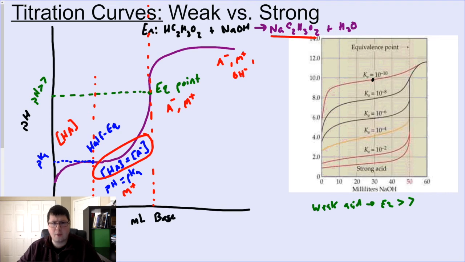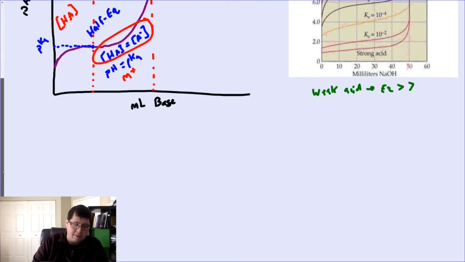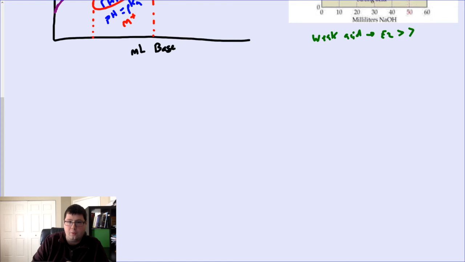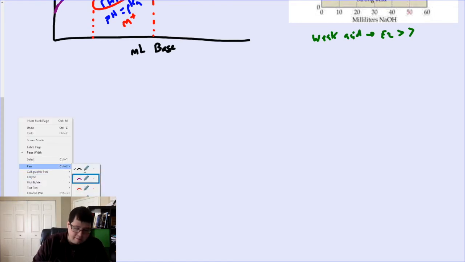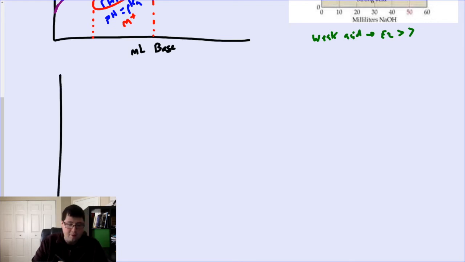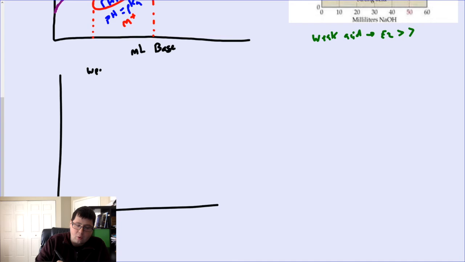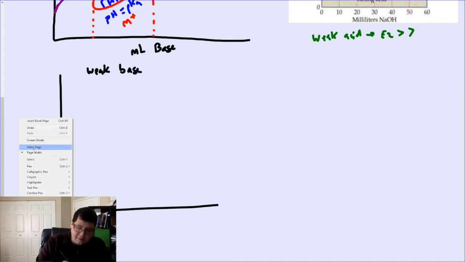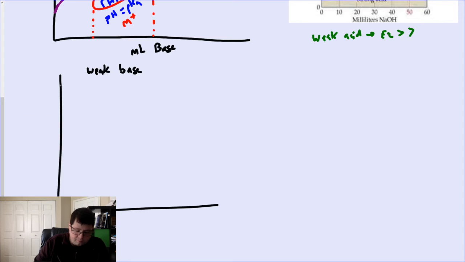The other types of curves we want to look at are what happens if we would have a weak base titrated with a strong acid rather than a weak acid titrated with a strong base. The major differences here are going to be that we're going to start again at a fairly high pH because now we have a weak base in solution. So here's our weak base. It's going to start up here at a fairly high pH.